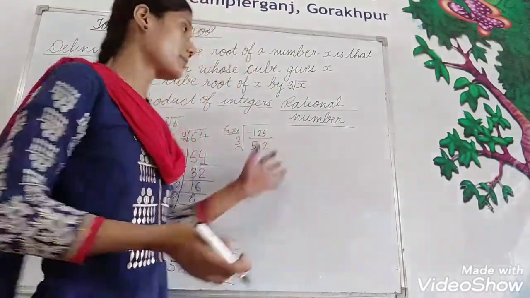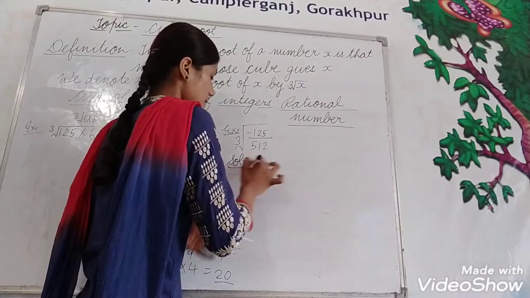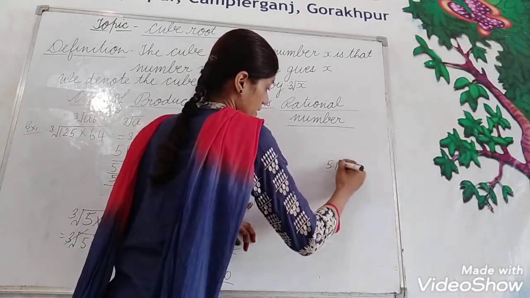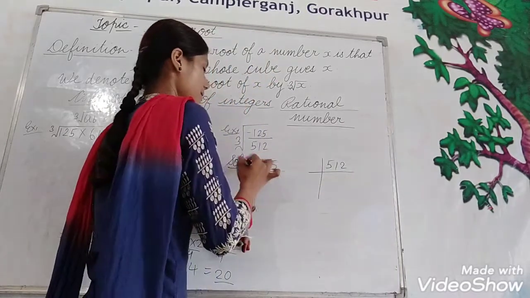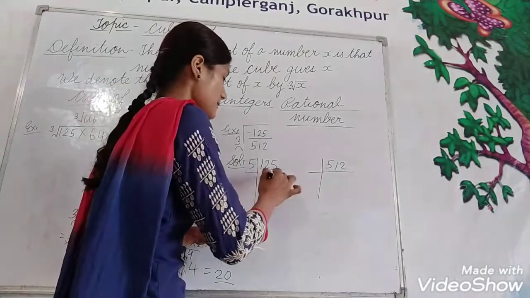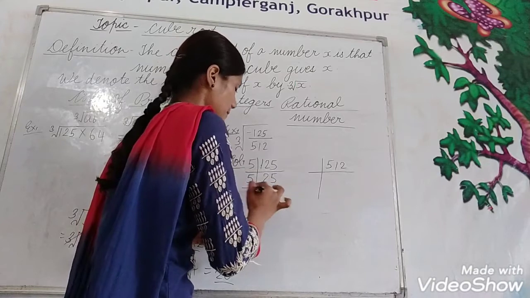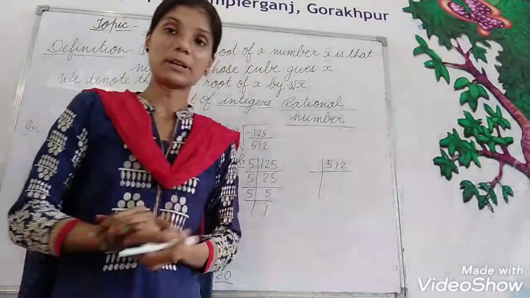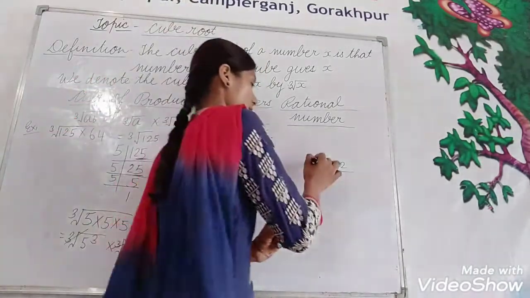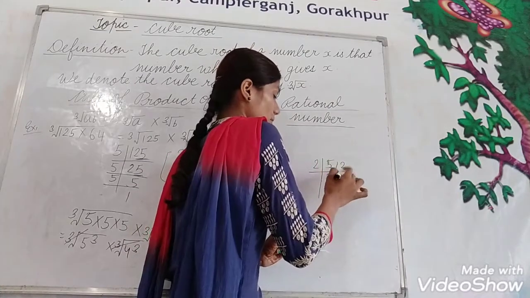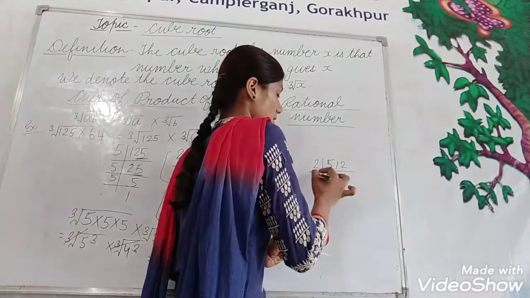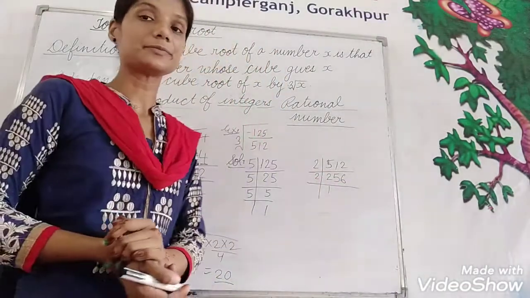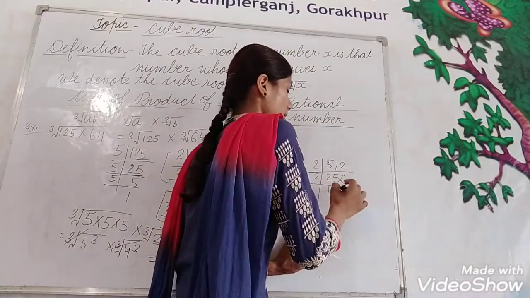So how to solve? We solve like this: 125 and here 512. 5 5s are 25, 5 2s are 10, 5 5s are 25 and 5 5s are 25. And here your ones place number is even, that means this number is definitely divisible by 2. 2 2s are 4, 2 5s are 10, 2 6s are 12, 2 1s are 2, and here 5. 2 2s are 4 and 2 8s are 16.